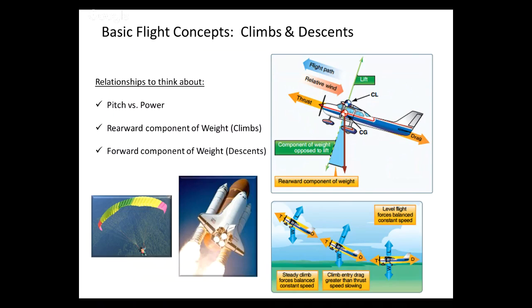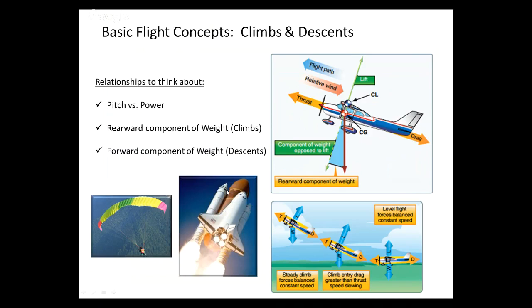Keep in mind too that, like we said, in steady state equilibrium flight, thrust and drag act in the same plane, lift and weight act in the same plane, but that's not always the case. You can be climbing, like we said before, and you've got components of weight that are working against thrust.